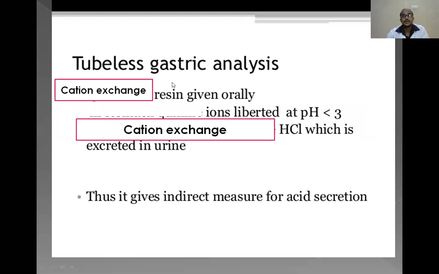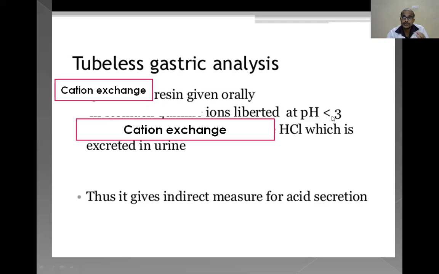Coming to the tubeless gastric analysis, the main thing to remember is that a cation exchange resin is given orally to the patient. The ions are liberated at pH less than 3 only. So the ions are not liberated anywhere else in the GIT, because the pH is less than 3 only in the stomach.